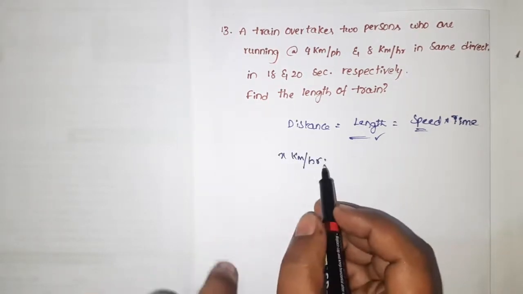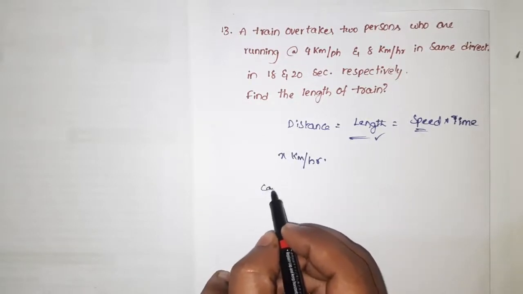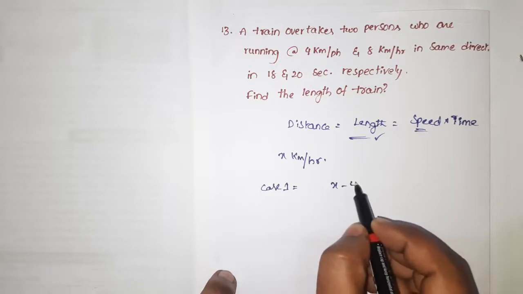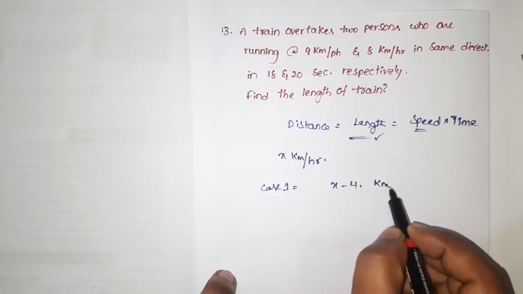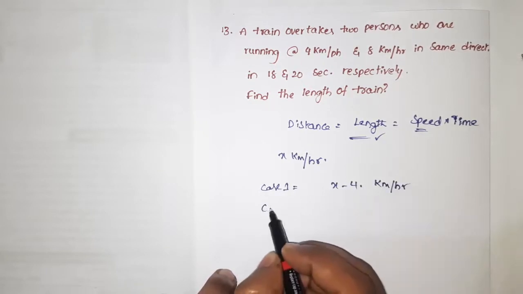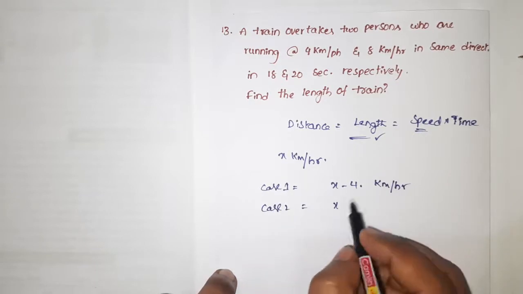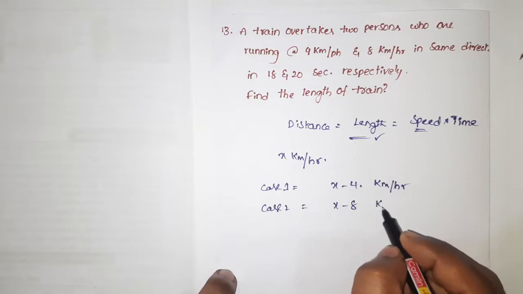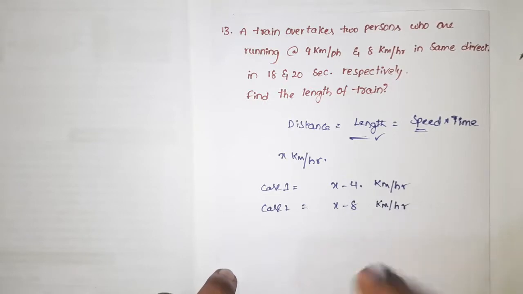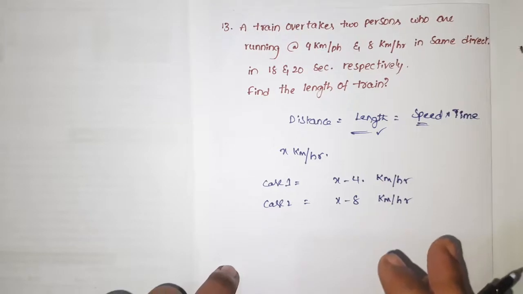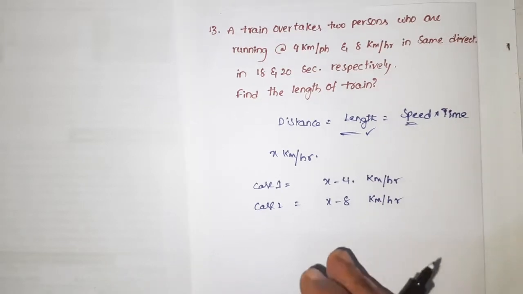So relative speed in case 1 is x minus 4 km per hour. In case 2 it is x minus 8 km per hour. In both the cases, the length of the train is constant.